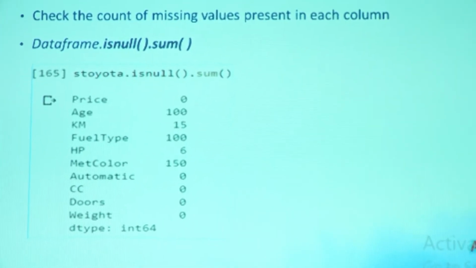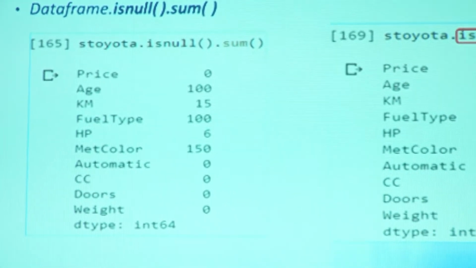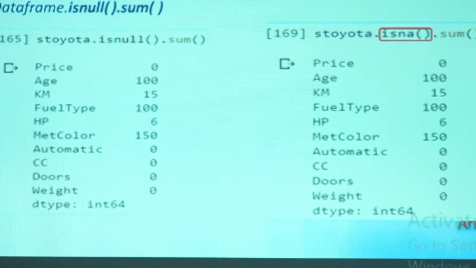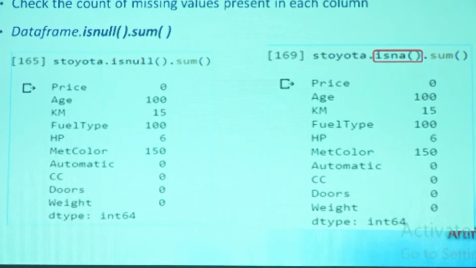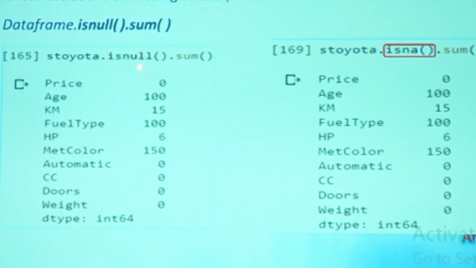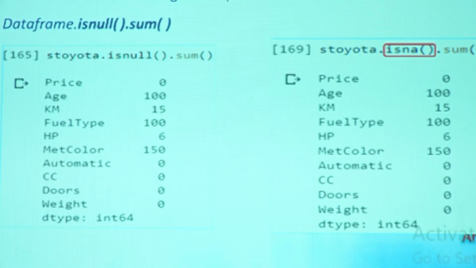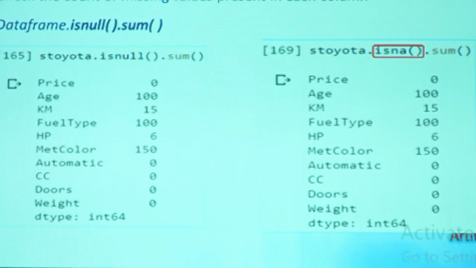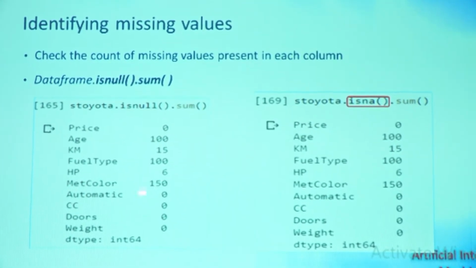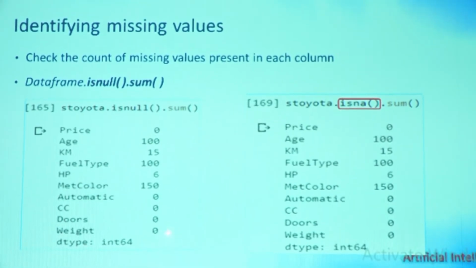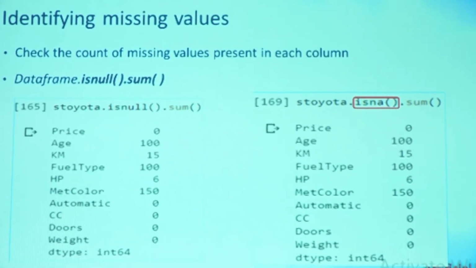Have a look. I can go for two methods there, guys. I can go for either is null or I can go for is NA. Anything is fine. Now you can see here price has no null values. Automatic, CC, doors, weight, so they don't need my focus now.